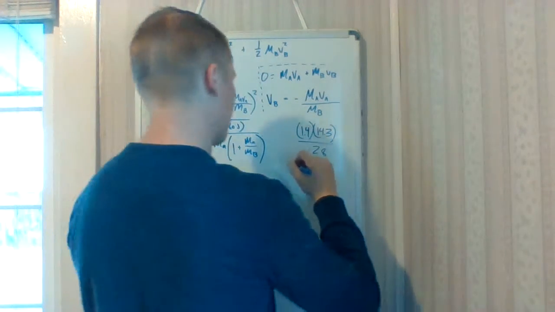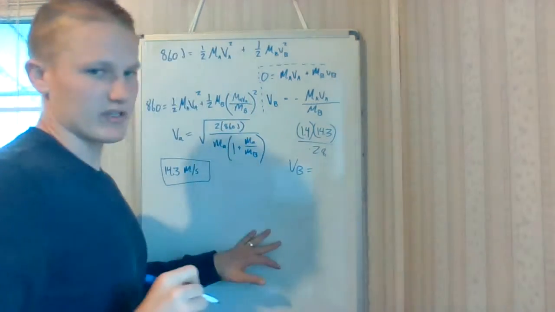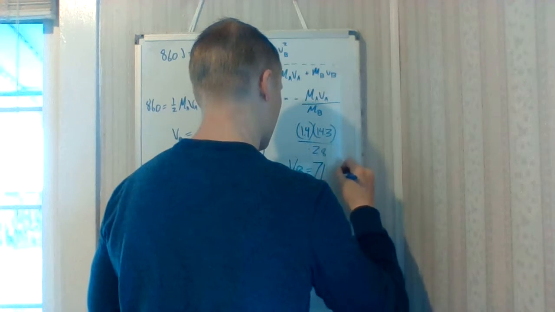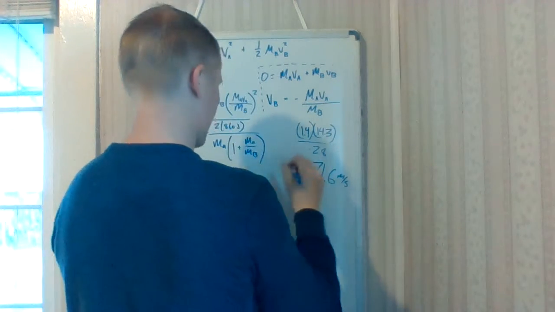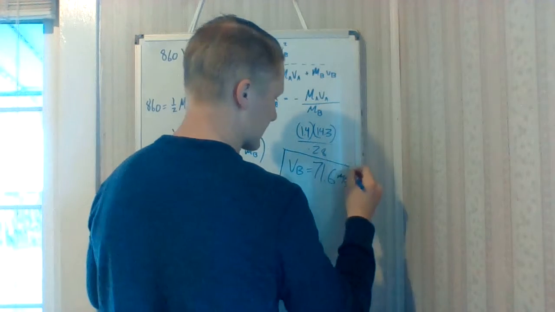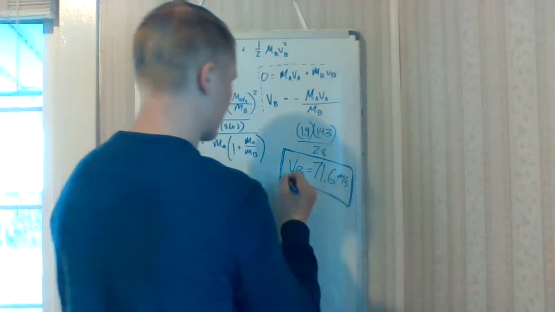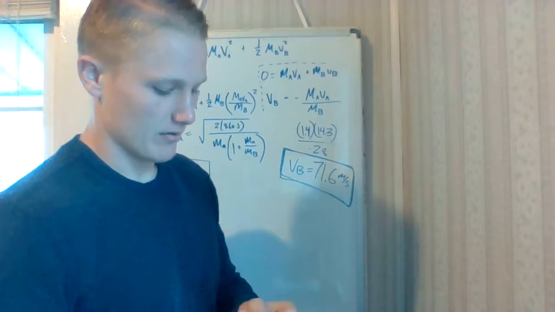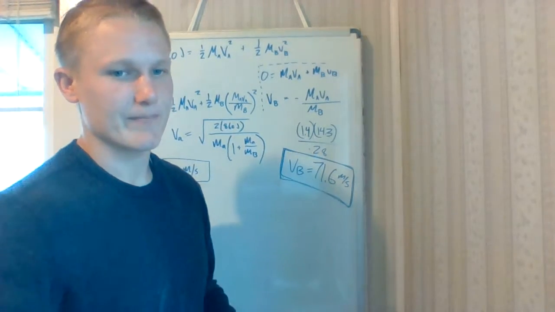And then VB comes out to be 71.6 meters per second. And that makes sense because if you have the same energy going into both masses, it seems like a smaller one would take off faster.